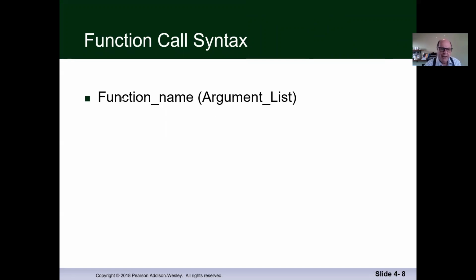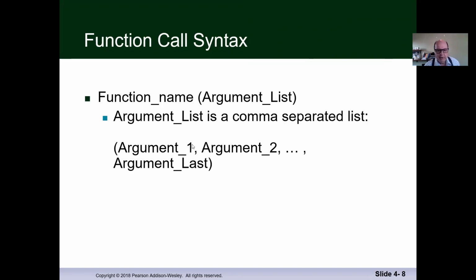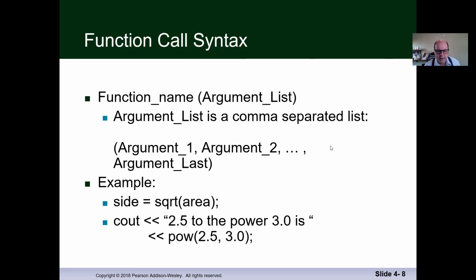So how do we do it? We have the function name, and then we have an argument list. If I have more than one argument, we're going to separate them by comma. In this case, I have a square root that has one argument. The argument is going to go in the parentheses. Part of the function is that you have the parentheses. And pow has 2.5 to the power of 3.